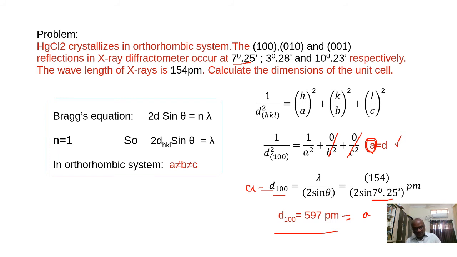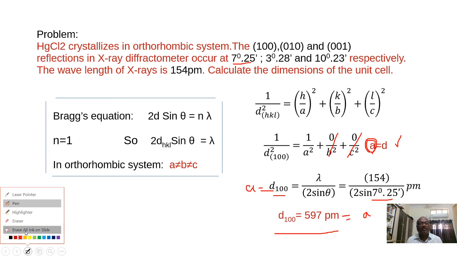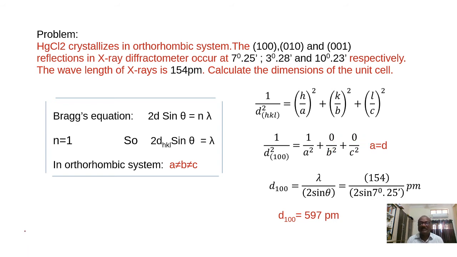So remember, in order to calculate small a, you have to work out for the 100 plane. In order to calculate small b, you have to work out for the 010 plane. Similarly, to calculate c, you have to see the 001 plane. Okay, this is about the problem, and we can calculate the remaining b and c also.